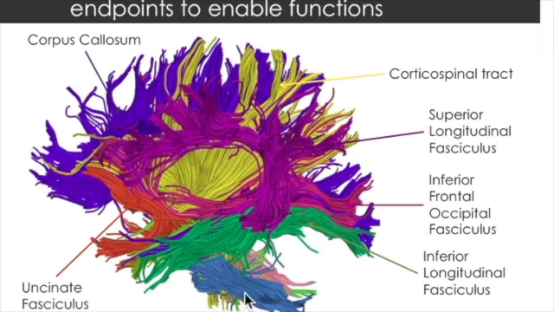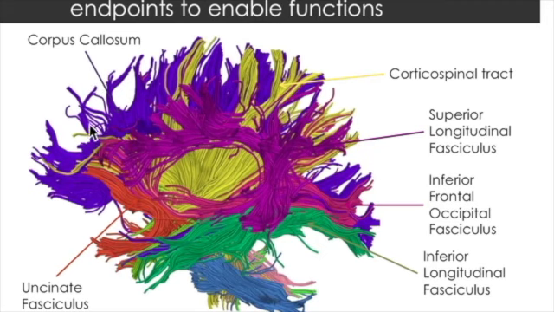So this is another final view, using a different color coding scheme now. What the scientists did to enable this view of all the white matter pathways in the brain is take each of the anatomical landmarks of gray matter and then find from those landmarks the major white matter bundles that go towards that area of the brain.